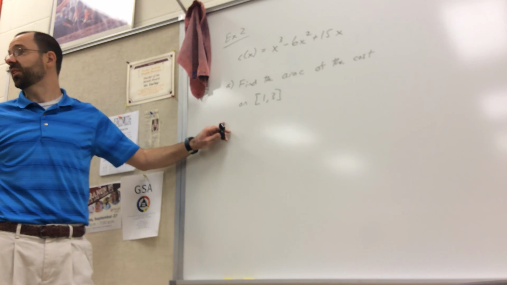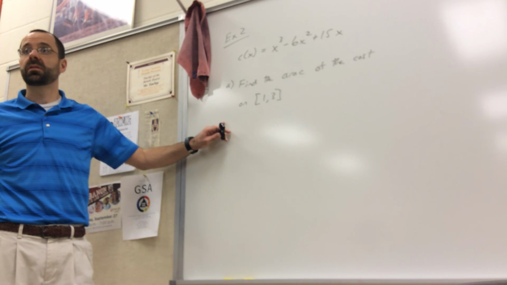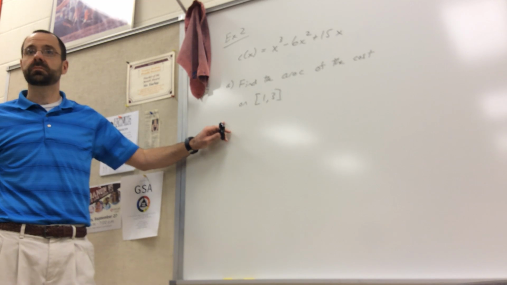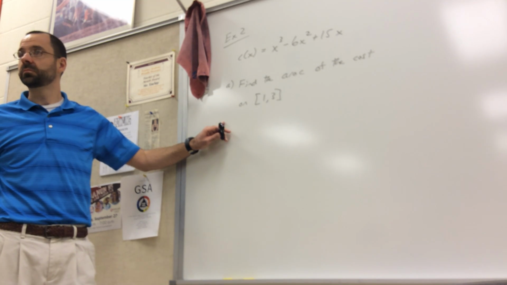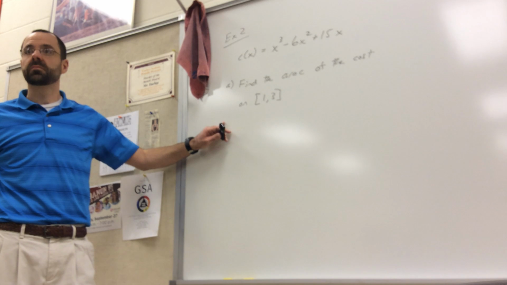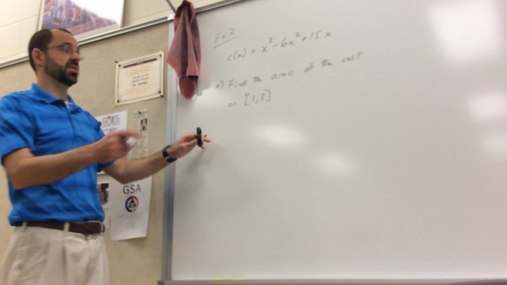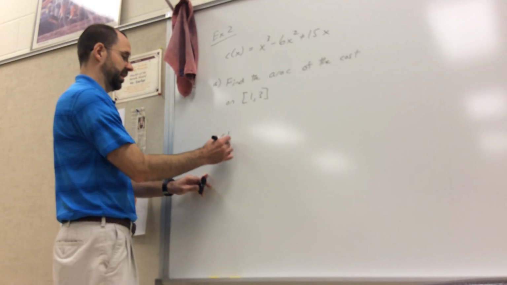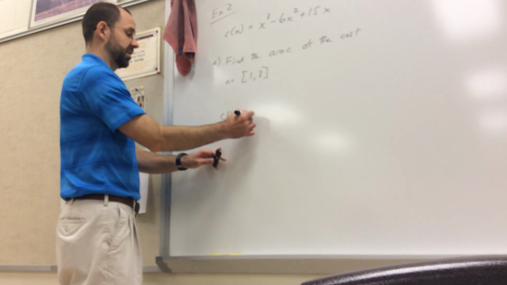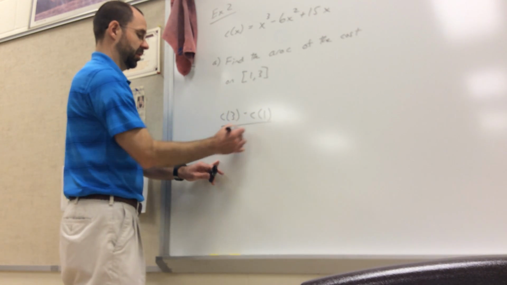All right, so how do you calculate average rate of change? f of b minus f of a all over b minus a, right? So in this case, it's the average rate of change of the cost, so it's going to be c of b minus c of a all over b minus a.